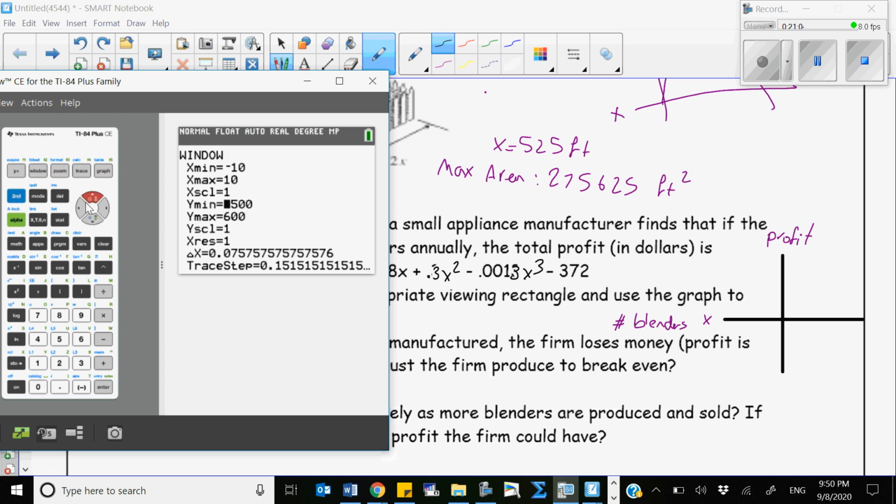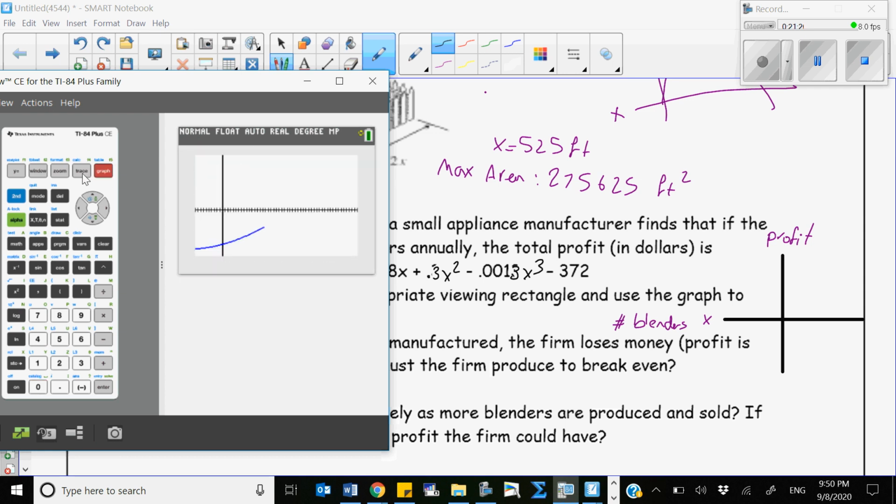And then the x value, so that's the number of the blenders. Of course, 10 blenders would not be a really good number here. I'm going to try 50, see what happens. Okay, this is not bad. I know that I'm going to reach something, so let's try a different number.